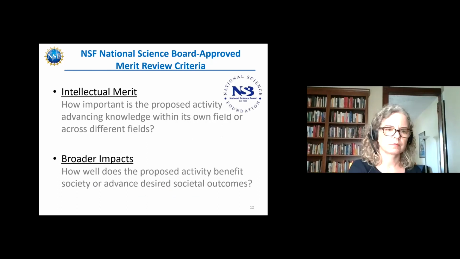As Amanda mentioned, NSF uses a merit review criteria system for the reviews of NSF proposals and applications. And the basis for this merit review is intellectual merit and broader impacts.